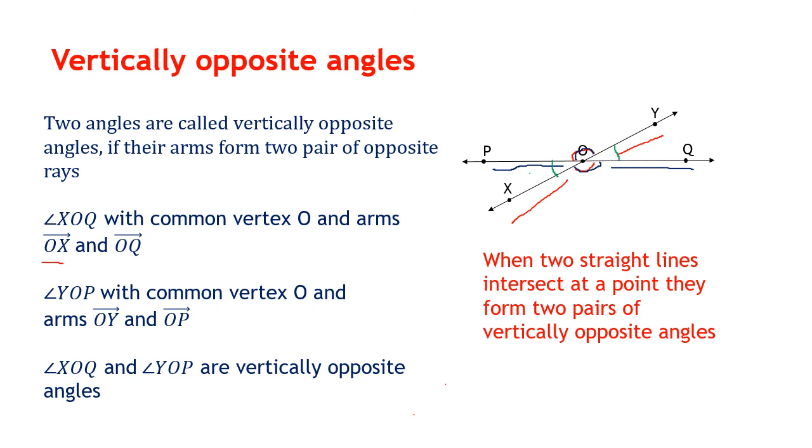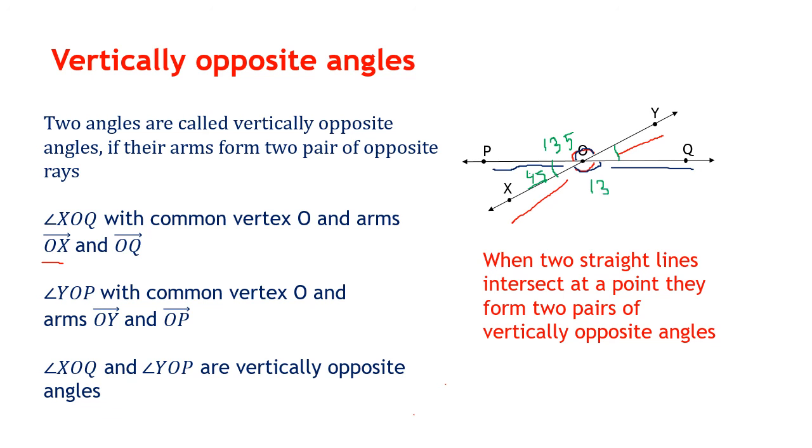So if say this angle is 45, this will be 135. Why? Because we saw that they both are a linear pair. So 45 plus 135 gives 180. Okay. Again, if this is 45, this will be 135 because they also form a linear pair.